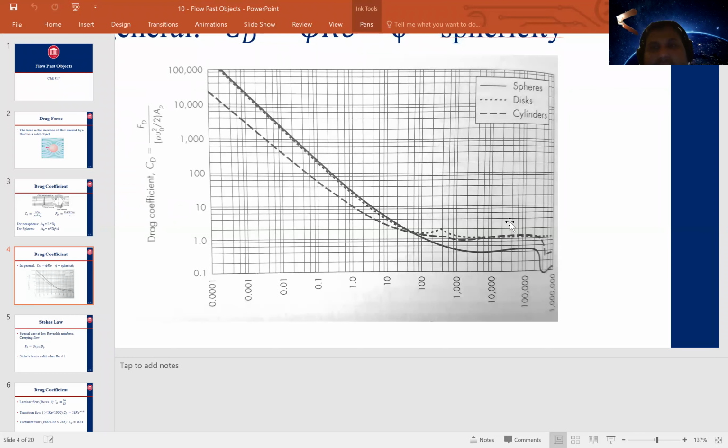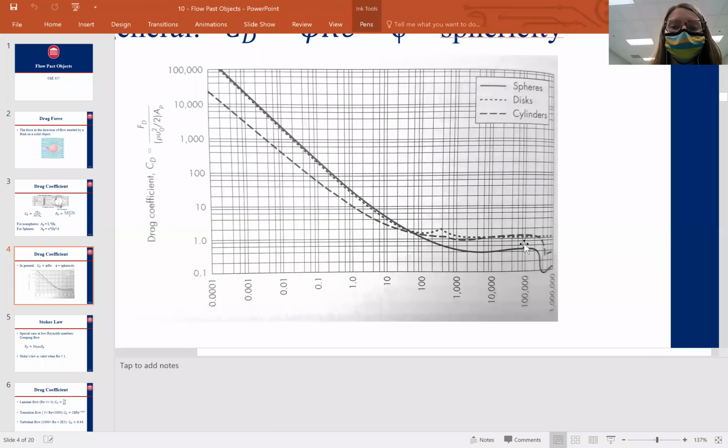All right. So these three equations we just went over apply to spheres, and if we have something else, we need to do a sphericity correction. Yeah, for systems or objects that are not considered spheres, we would correct our drag coefficient.